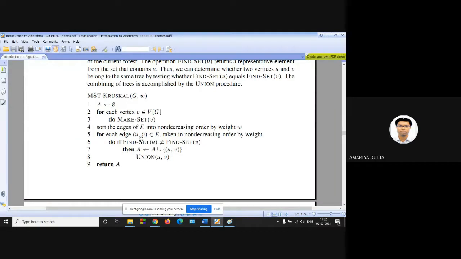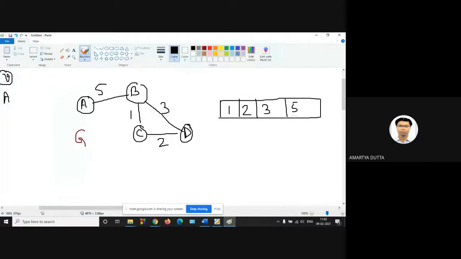Next, for each edge that belongs to your set of edges, taken in non-decreasing order by weight, you have to take the edges from the sorted array. Now, if find set U is not equal to find set V, then only you can add that particular edge in the set A. And finally, union U and V. So first of all, 1, 2, 3, and 5.